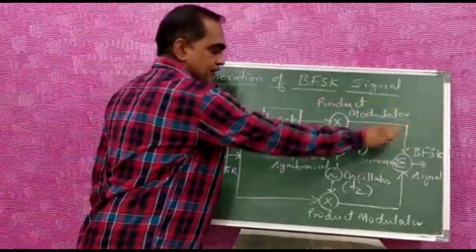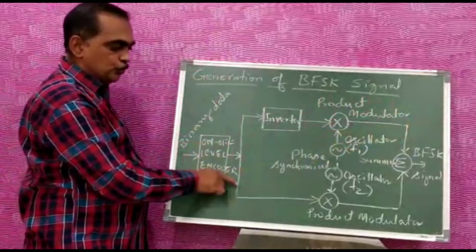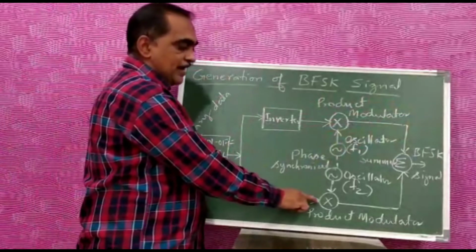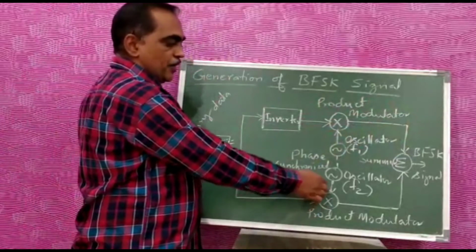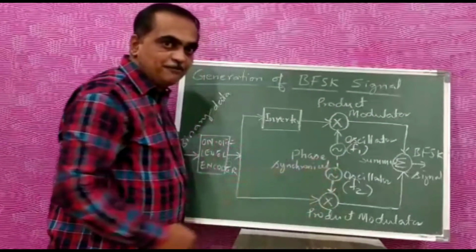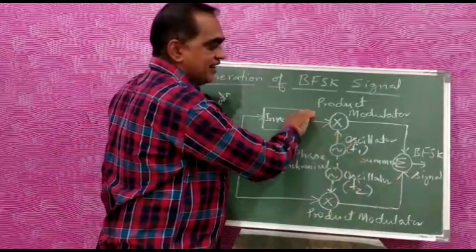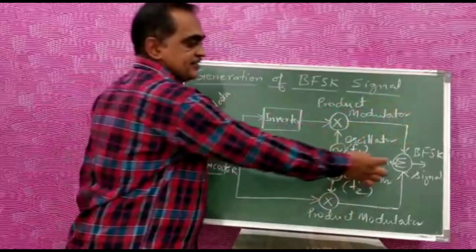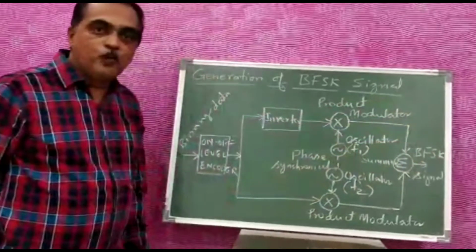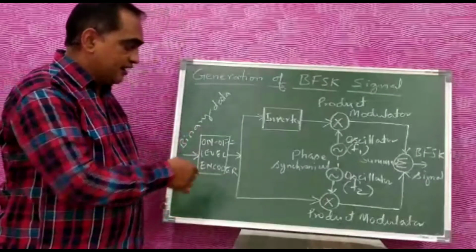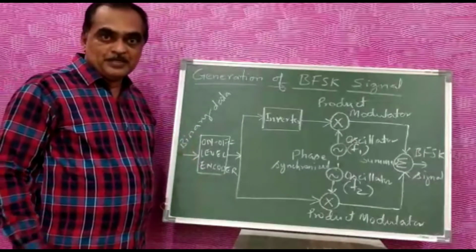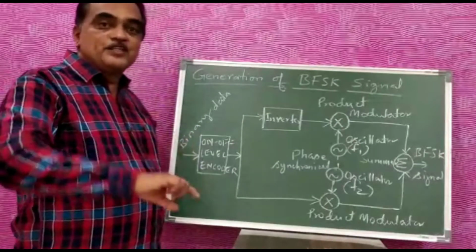And here 0 goes to this multiplier, and when it is multiplied by frequency f2, the output will be 0 here. That means 0 is added with f1 in this summer and the output will be frequency f1 when the input data is 0.